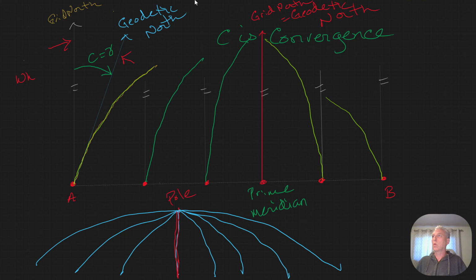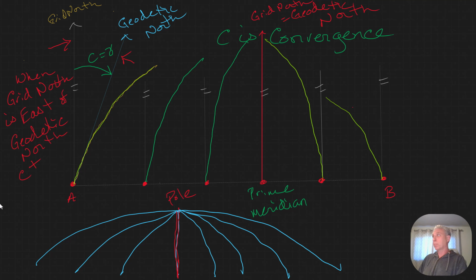So when grid north is east of geodetic north, convergence, C, is positive. So to the west of our prime meridian, convergence is positive.